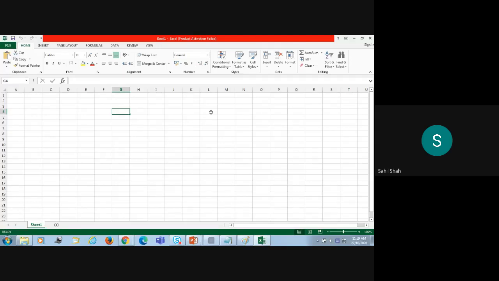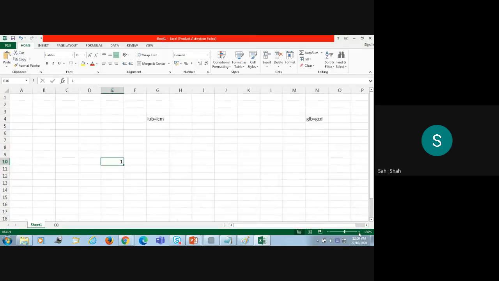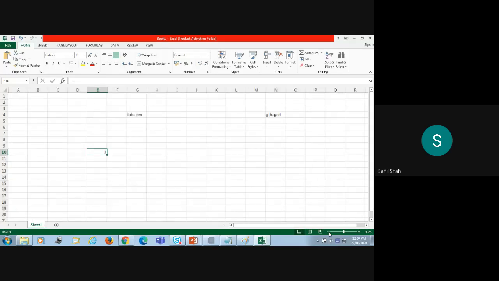In that case, you can assume LUB is equal to LCM and GLB, greatest lower bound, is equal to GCD of both the numbers. So what to do? You simply form a table of all numbers. I am having one here; it might not be visible, let me make it bigger. Hold on.